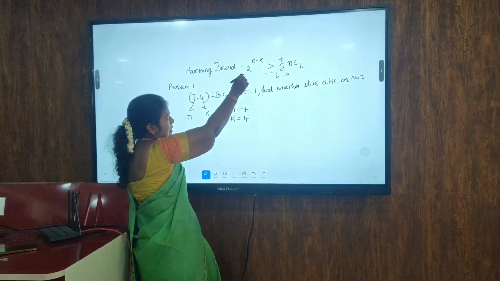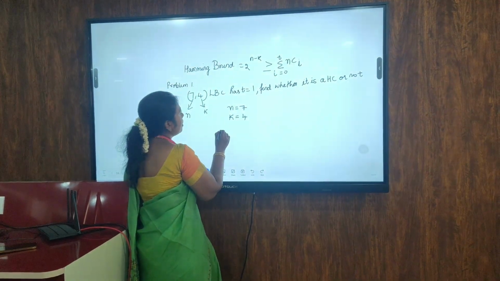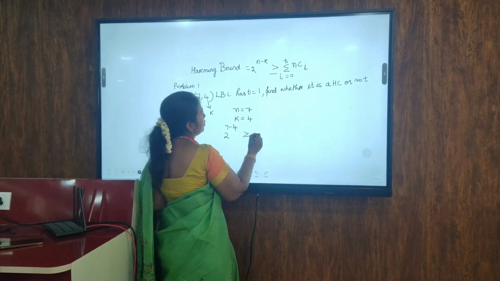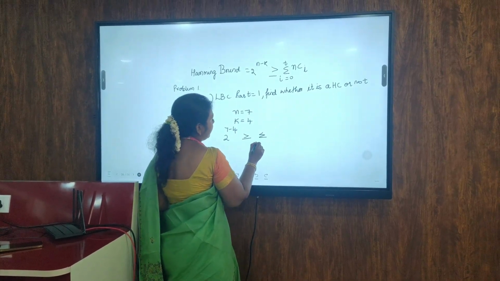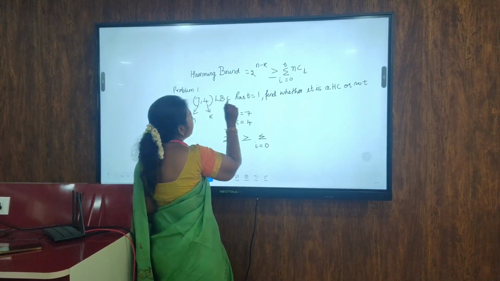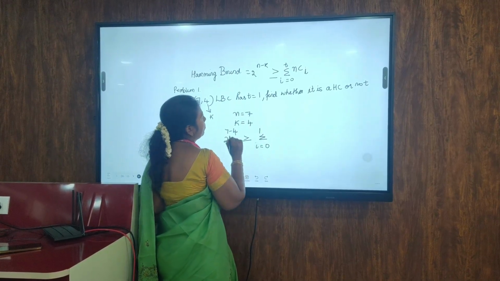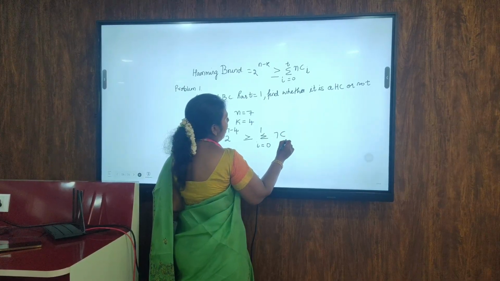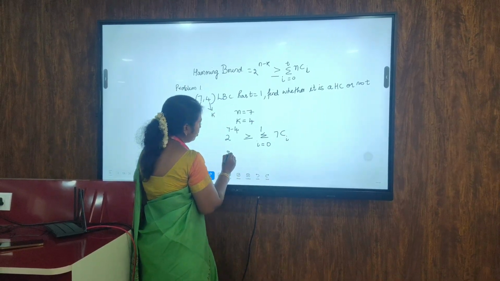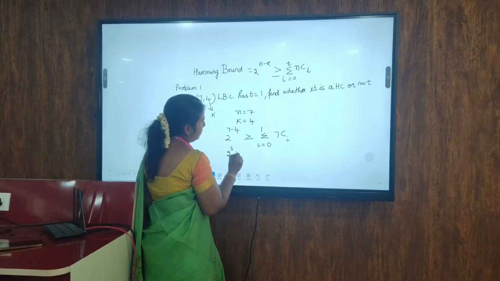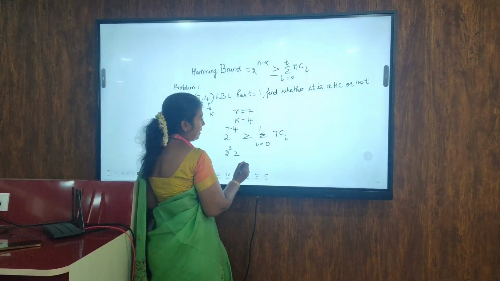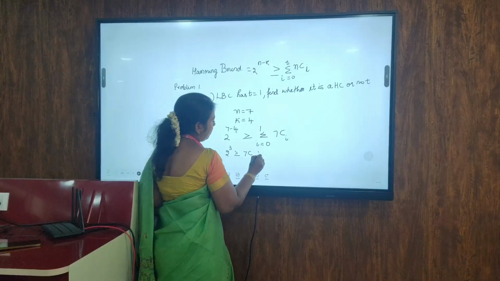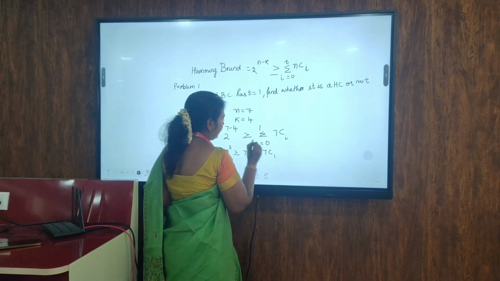Now, we will substitute this in the equation. 2 to the power 7 minus 4 should be greater than or equal to the summation i equals 0 to t, where t is given as 1, of 7Ci. So 2 to the power 3 should be greater than or equal to, expanding the summation, 7C0 plus 7C1.